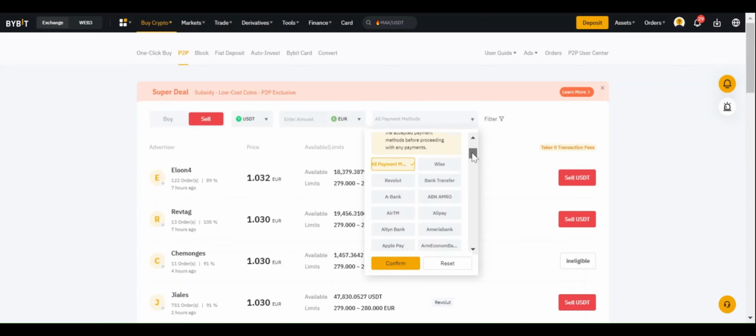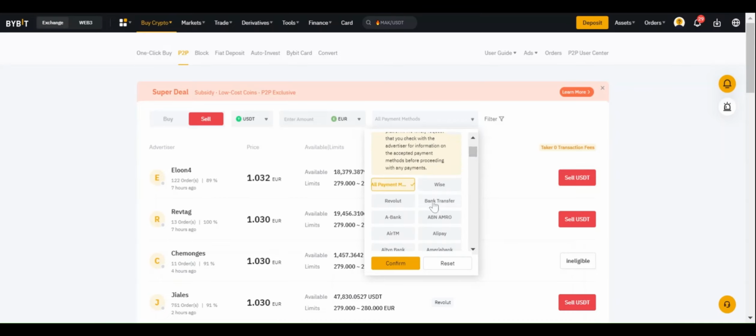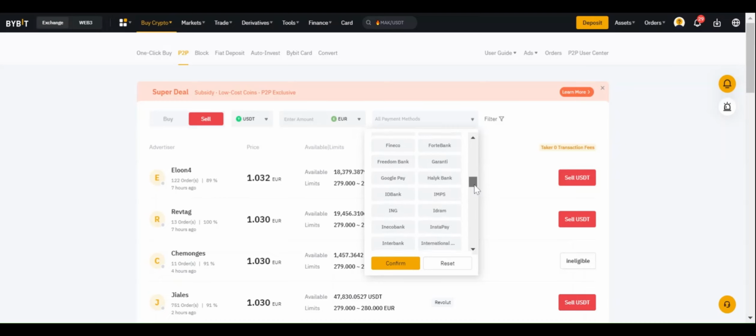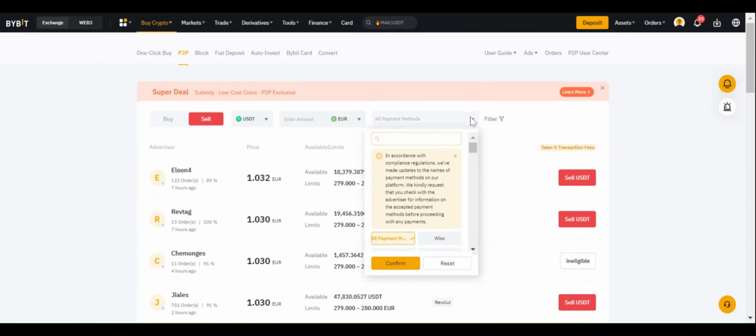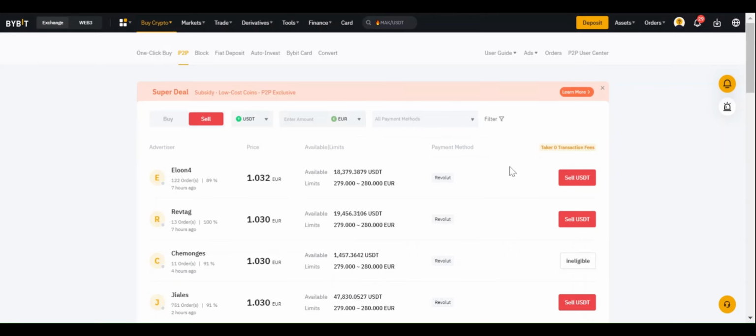There are a couple of options though. Wise, bank transfer, so many others. So you would have to have your information updated to be able to sell, right? And then your payment method has to align with what the person who is buying from you is willing to use.